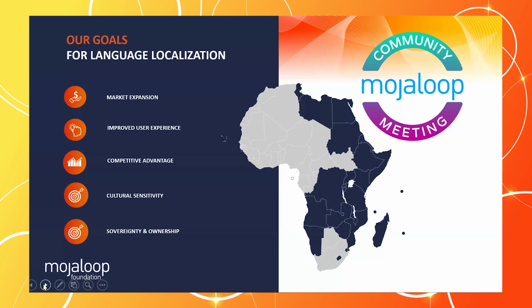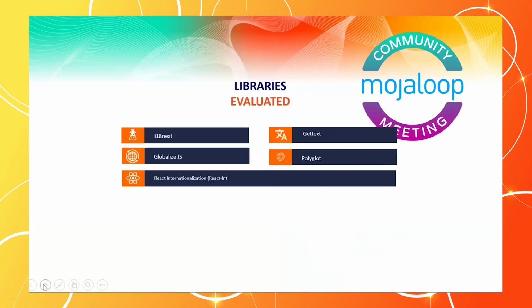So some of the libraries that we've evaluated, on our next slide: number one, i18next, GetText, Globalize, as well as React internationalization. We've selected these libraries based on different criteria that we had set up as a work stream.